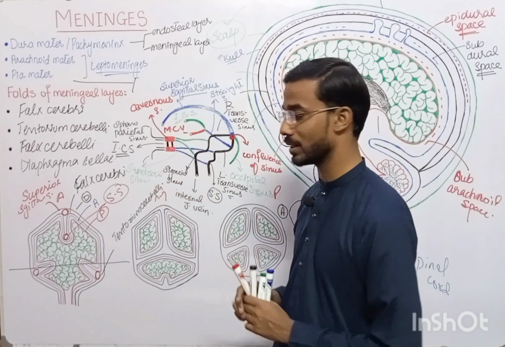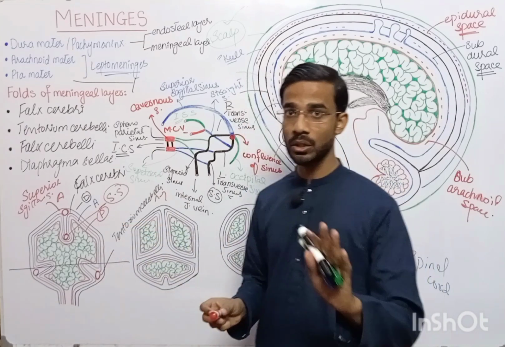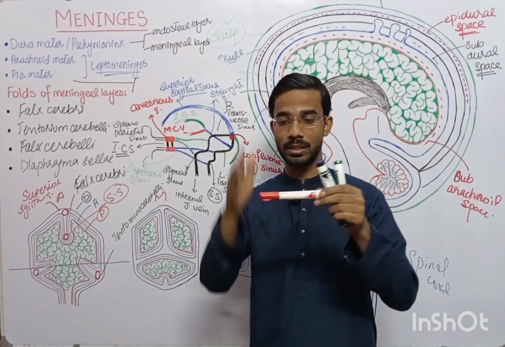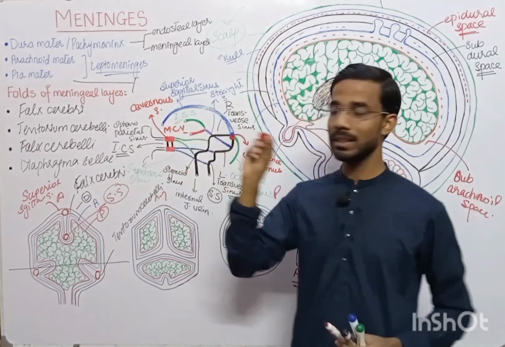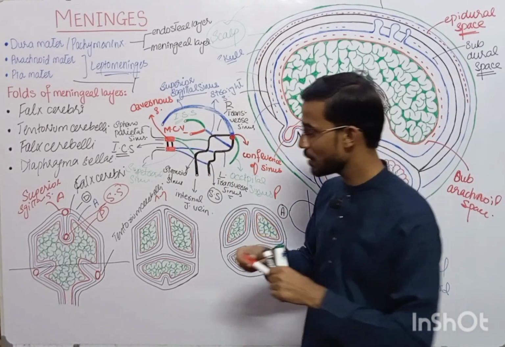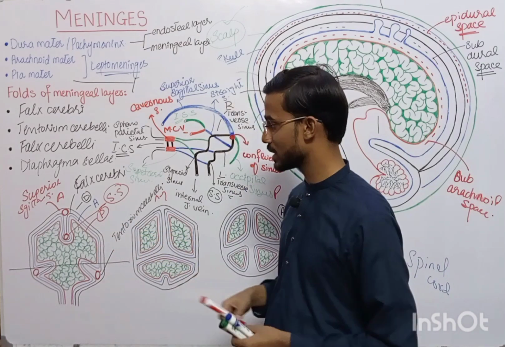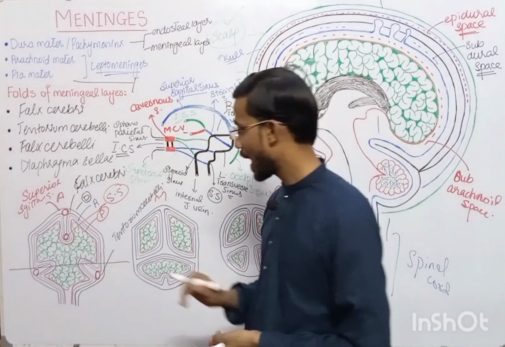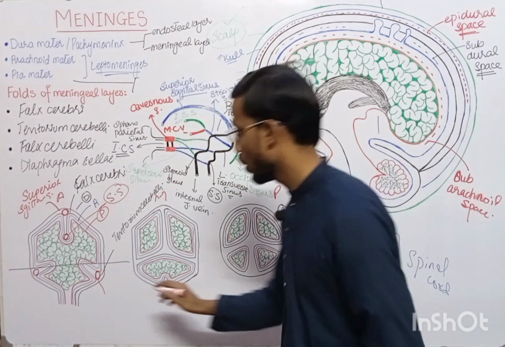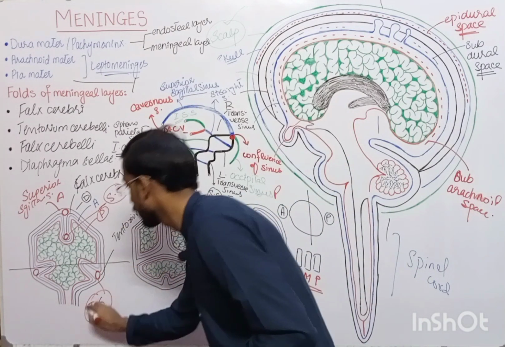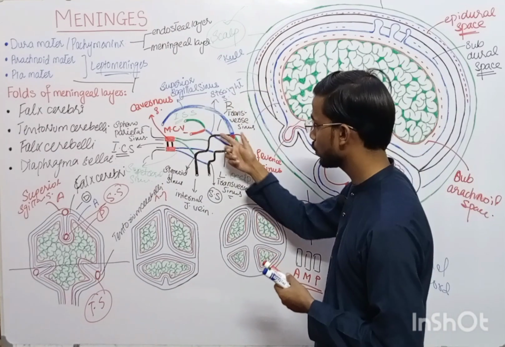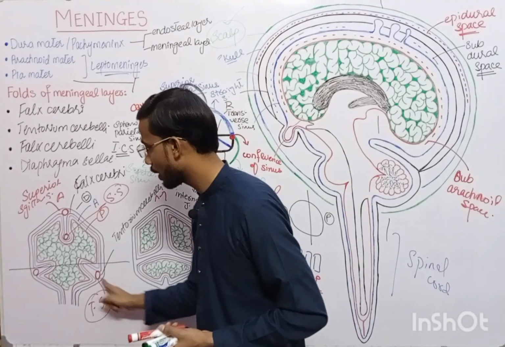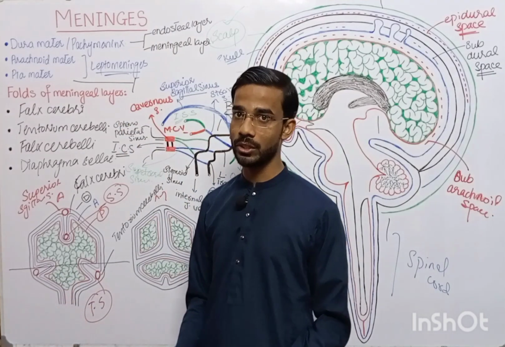Don't get confused; if I cut this marker this way, it will look like this. And here is the tentorium cerebelli, and these sinuses will be the transverse sinuses. We have discussed that there are two transverse sinuses, right and left.